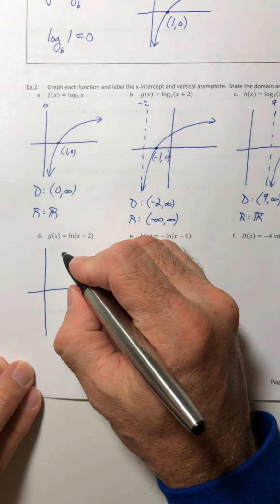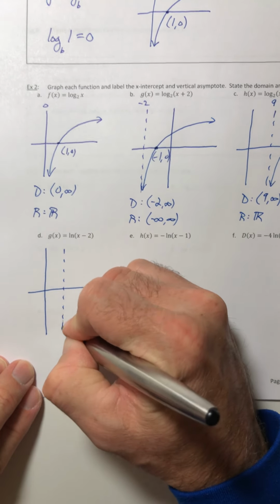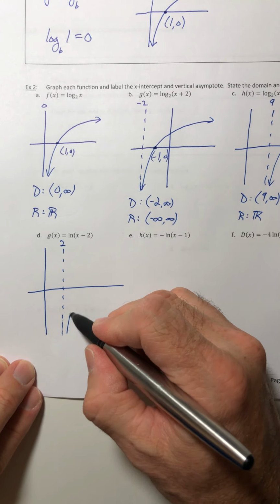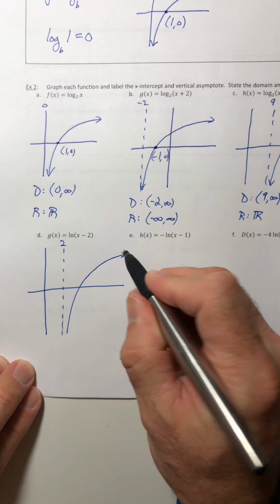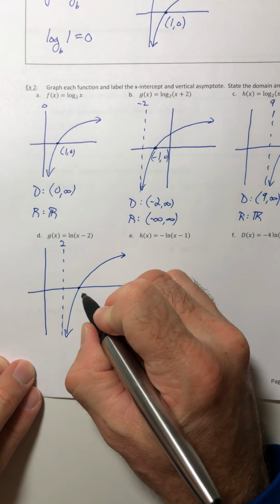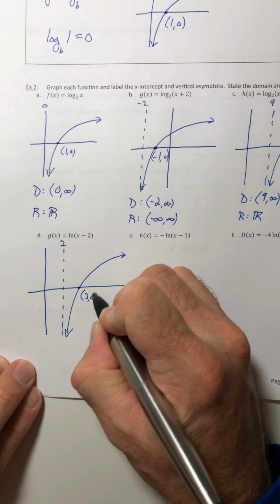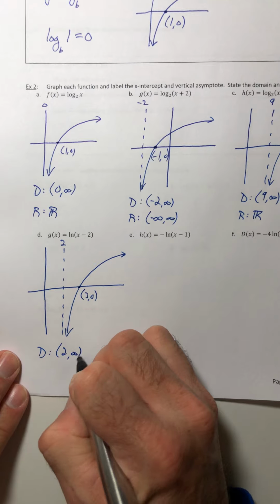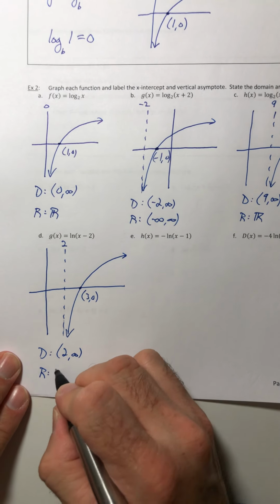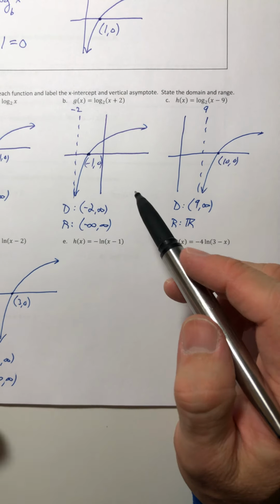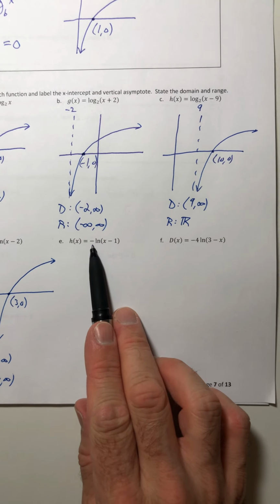Positive 2. So everything got slid over 2 spots. So your intercept is now at 3. Domain 2 to infinity. Range all reals again.